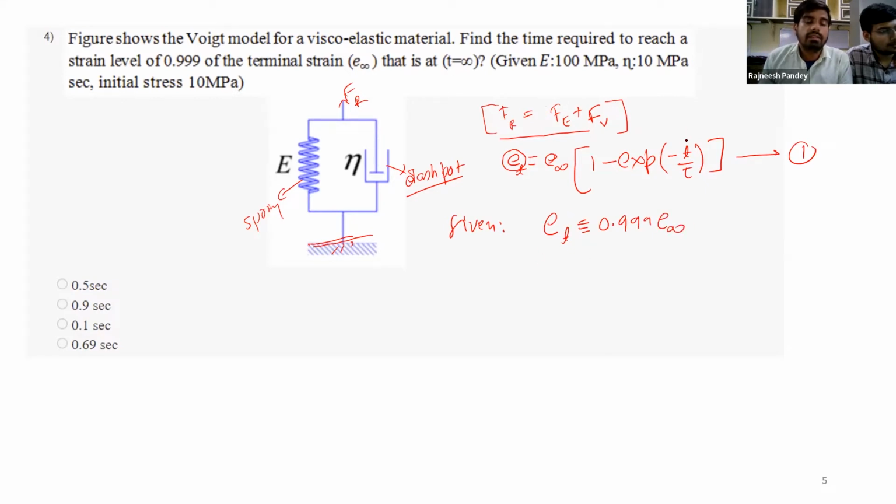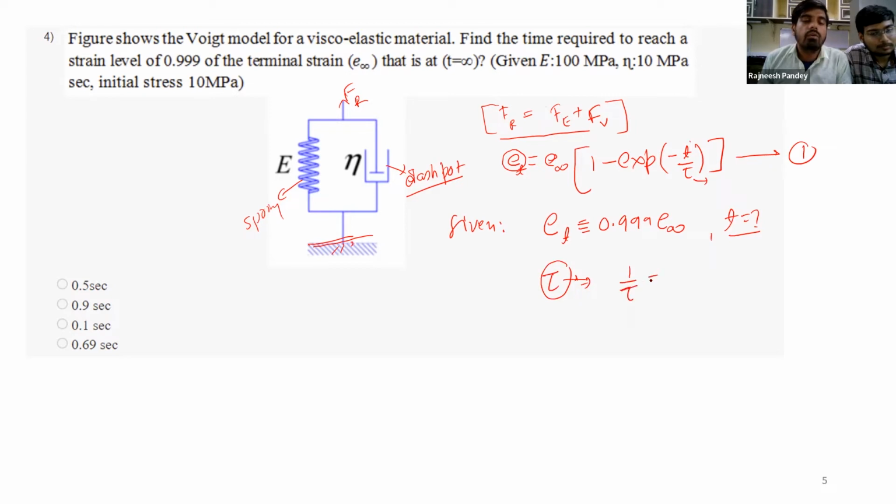The next thing we do not know in this formula is tau, which is the relaxation time. The time is what we need to find, so first we need to calculate tau.